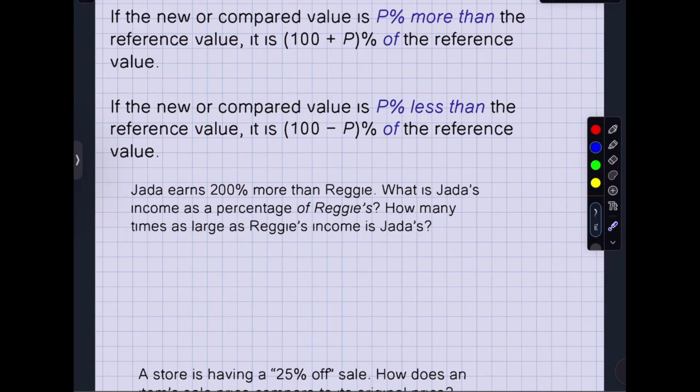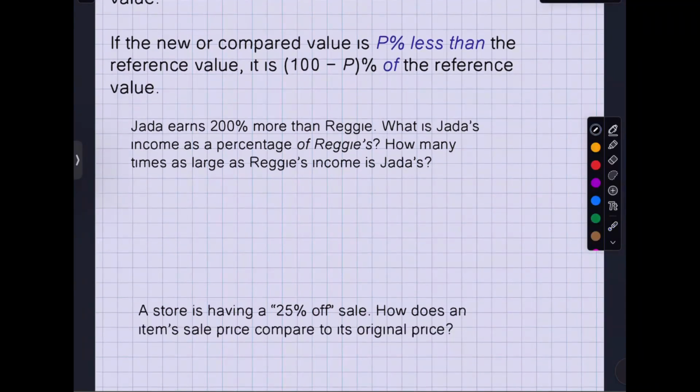Got a second answer. Anybody else? Yes? Because it's 200% more.